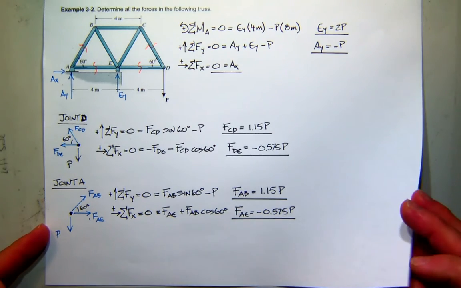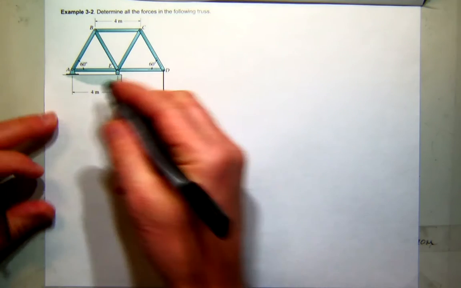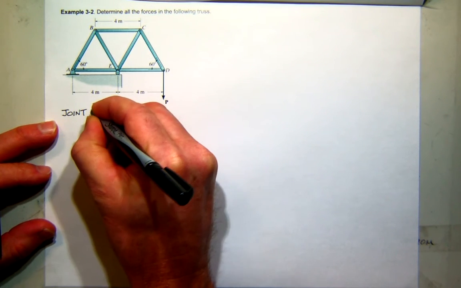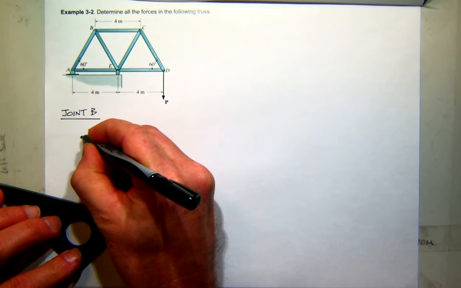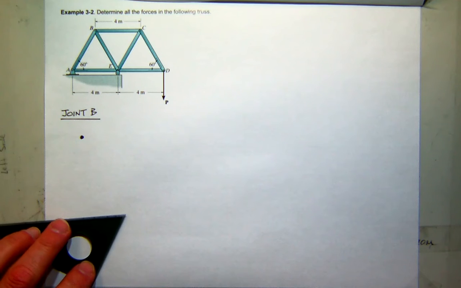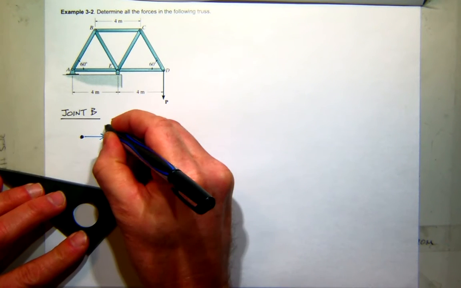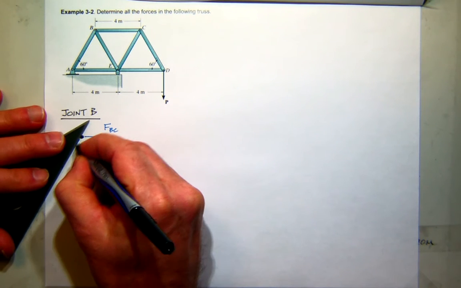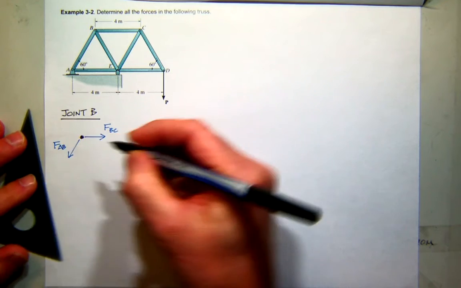Okay? So let's go to joint B. So there's my joint B. And now I'm going to write my equations. So tension, I have the force in BC. Tension, I have the force in AB.